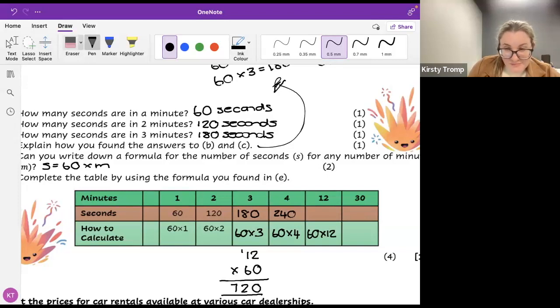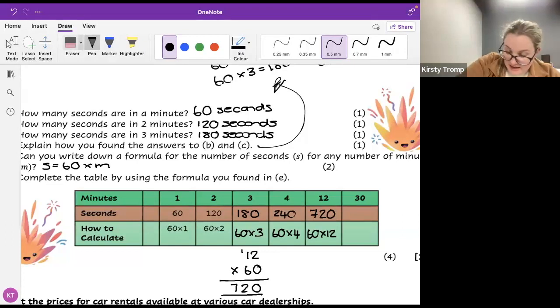Then we add it together: 0 plus 0 is 0, 2 plus 0 is 2, 6 plus 1 equals 7. You see how I did it? So I got 720. Okay, thank you so much, Umpile, for the help.